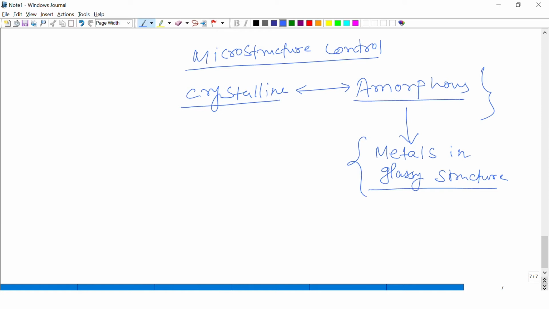Because metals are generally crystalline. They will fall in this category rather than this one under normal conditions. Amorphous metals or glassy metals, if they can be formed into an amorphous structure, these glassy metals can have unique properties which cannot be achieved by the crystalline materials.